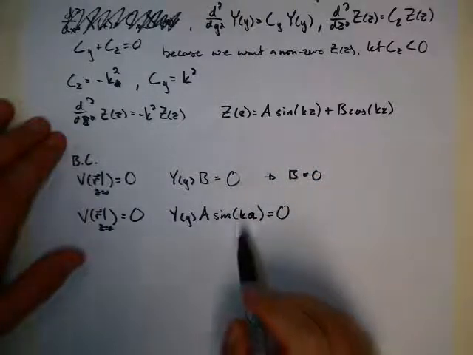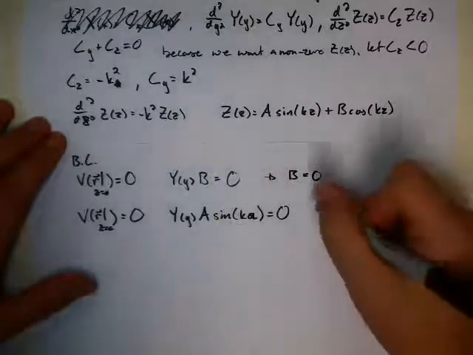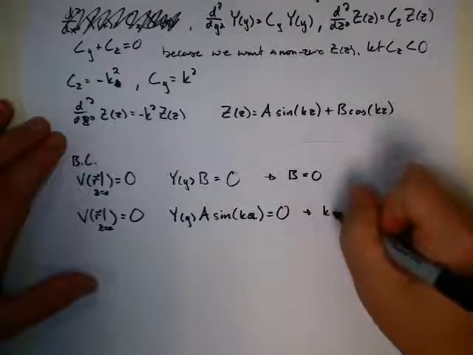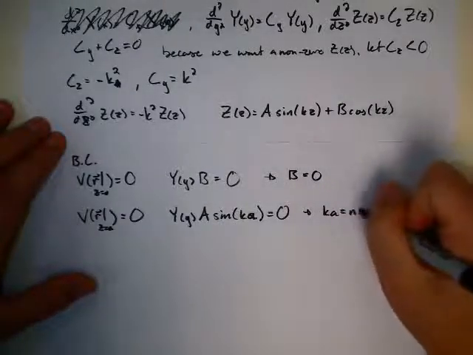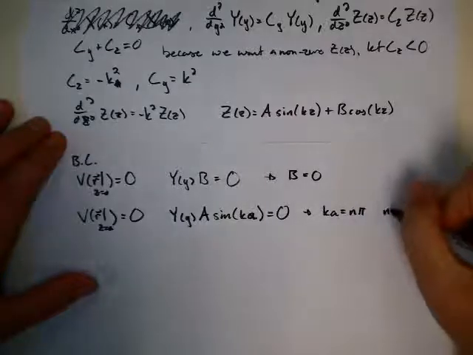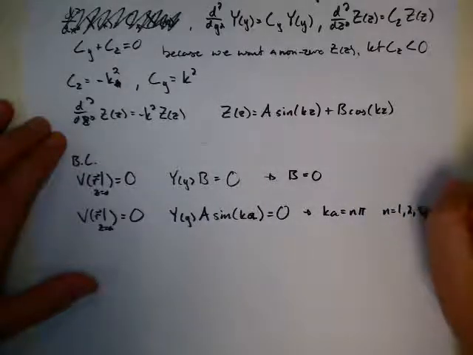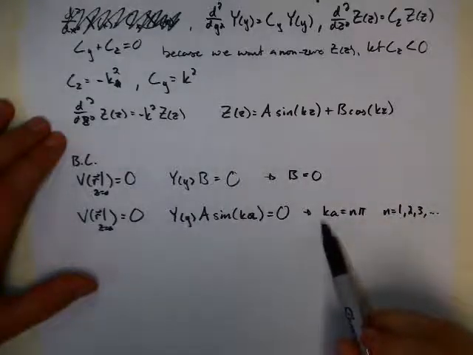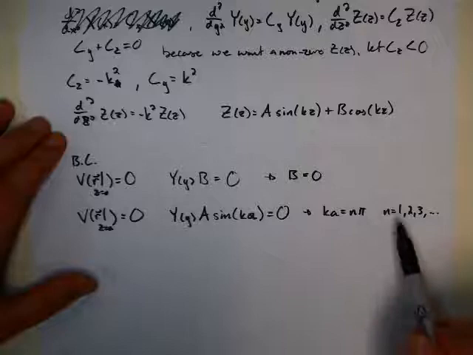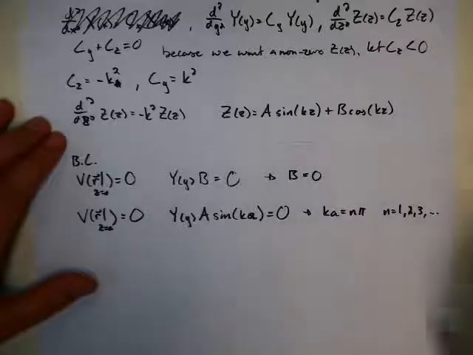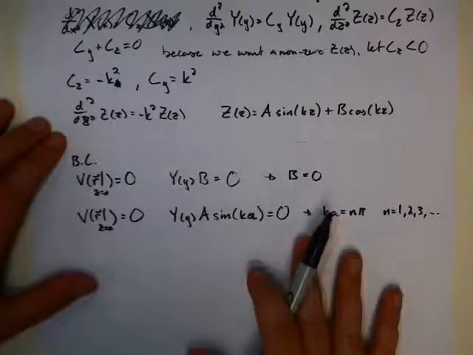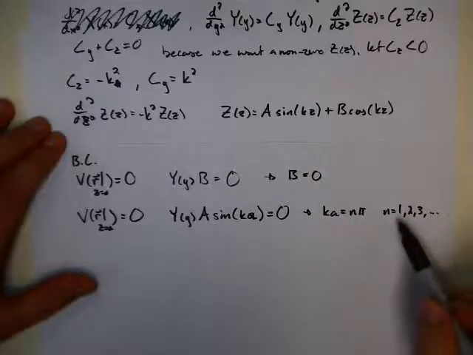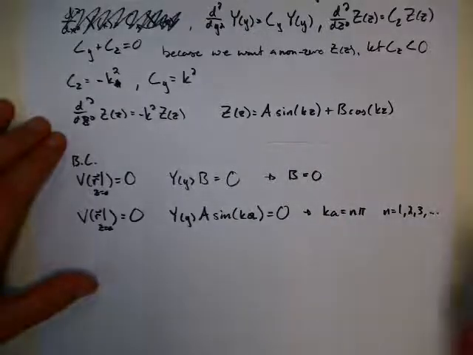This is only true when sine of ka is equal to 0, so this is going to give us a condition that ka must equal n pi for n equal 1, 2, 3, and so on. Now again, I said that k could be positive or negative, but it's a little bit of a lie. Because if I have n equals -1, that's the same as n equals 1, so there's no difference between those. So I specify everything simply by looking at the positive n here.